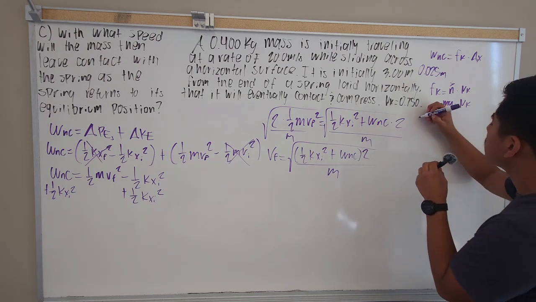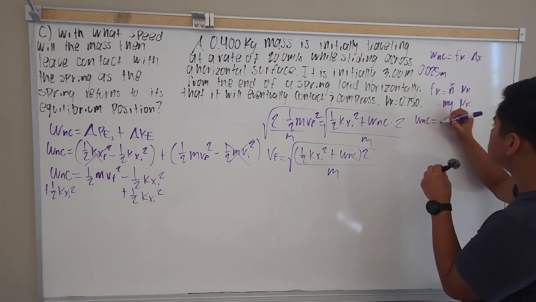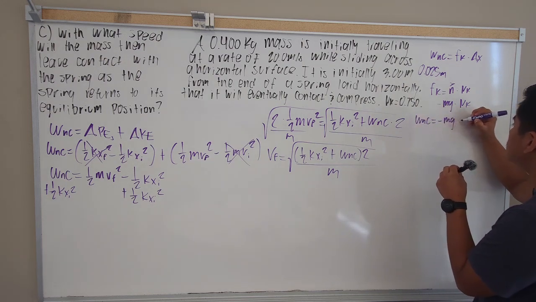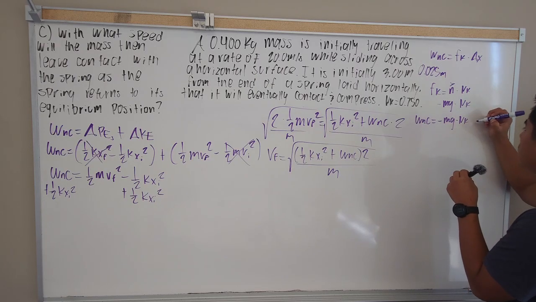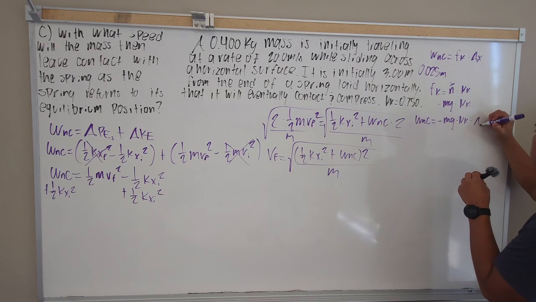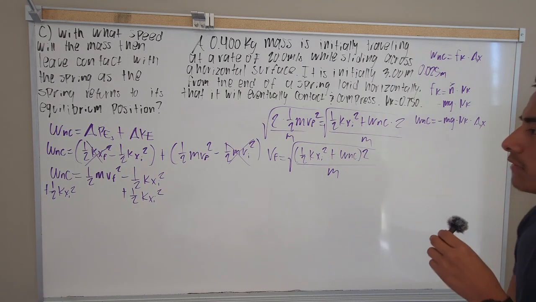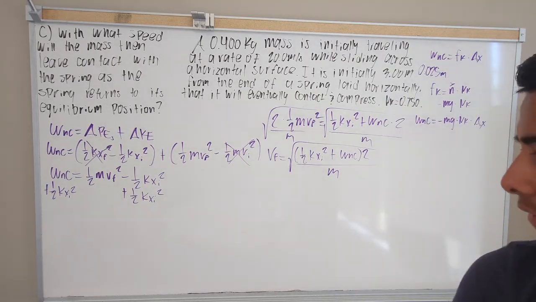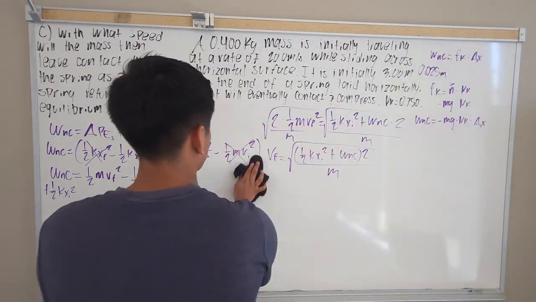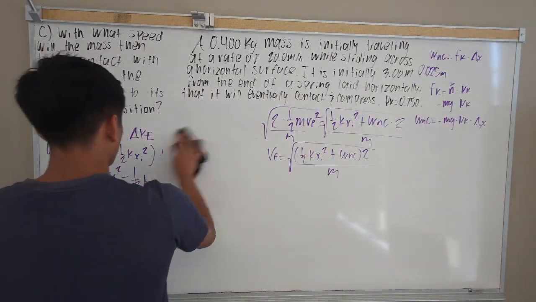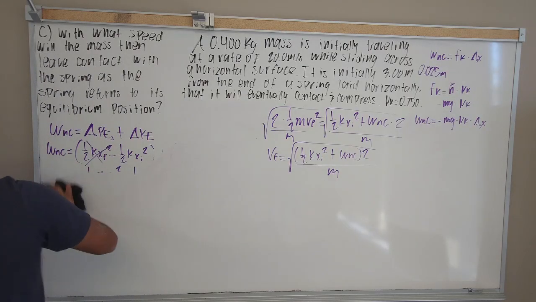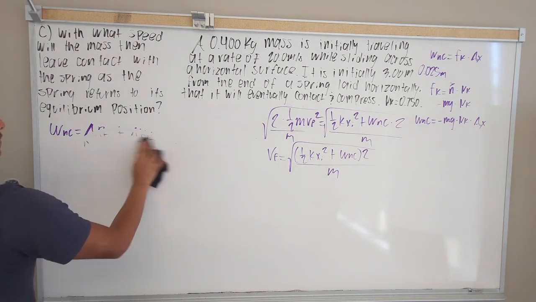So then the work done by the non-conservative forces is equal to negative mg multiplied by mu k multiplied by this delta x. So now we can go ahead and rewrite that over here. I'm going to erase all of it.